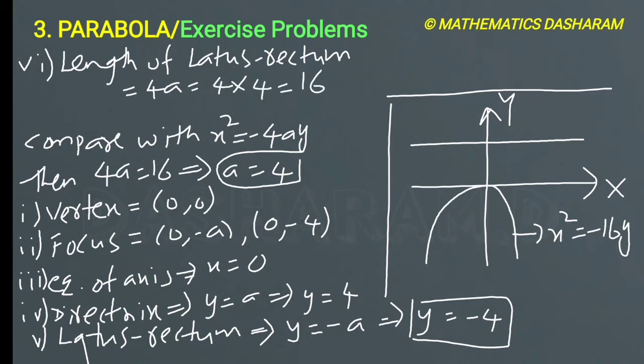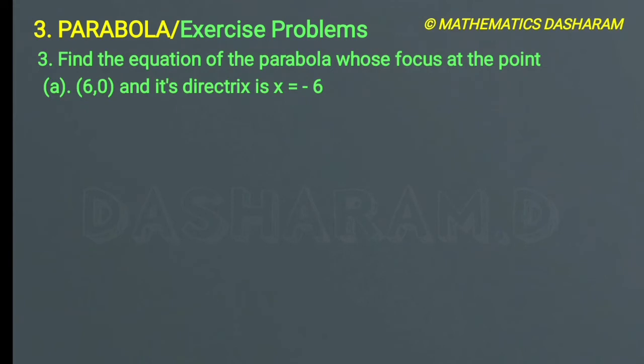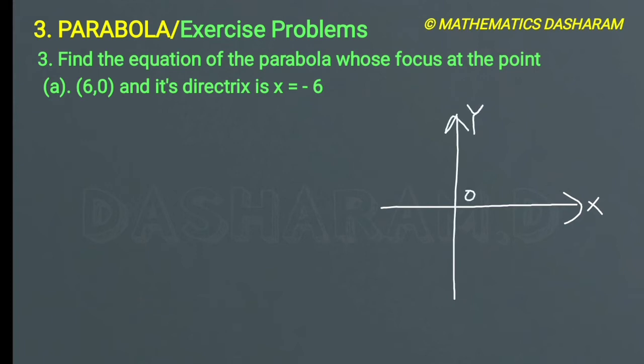The third bit is find the equation of the parabola whose focus is at the point 6, 0 and its directrix is x equals to minus 6. So here focus is 6, 0. Here x-axis and y-axis, intersection point is 0. So 6, 0 means x value 6, y value 0.